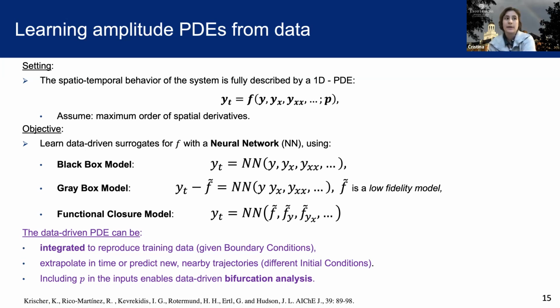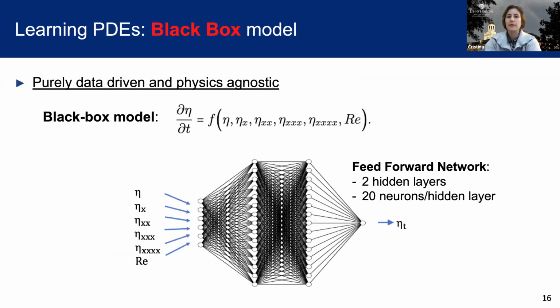And finally, with the learned data-driven PDE, we could integrate to reproduce the amplitude or extrapolate to different initial conditions. Or we could even perform bifurcation analysis because we consider the bifurcation parameter as part of the inputs to the learned model.